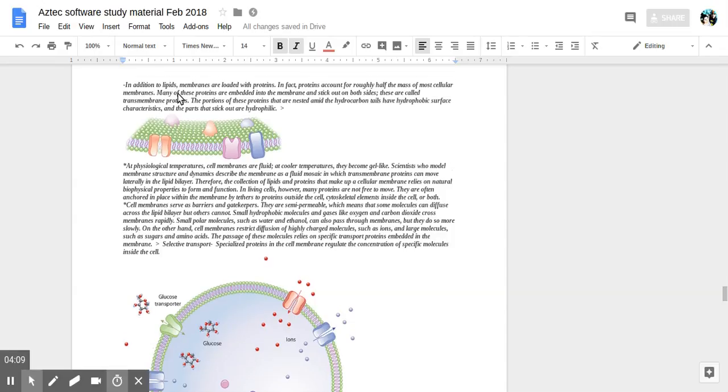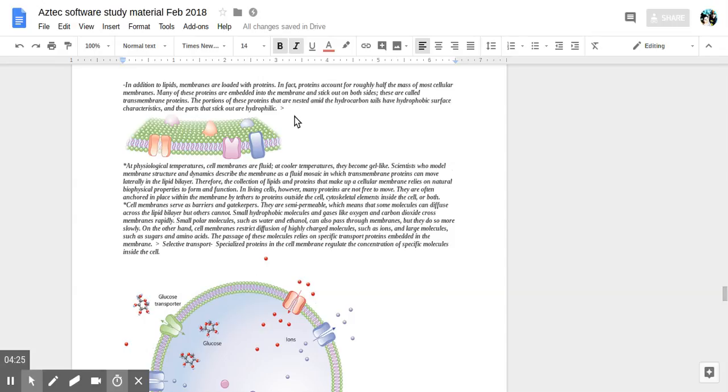In addition to lipids, membranes are loaded with proteins. In fact, proteins account for roughly half the mass of most cellular membranes. Most of these proteins are embedded in the membrane and stick out on both sides. They're called transmembrane proteins.